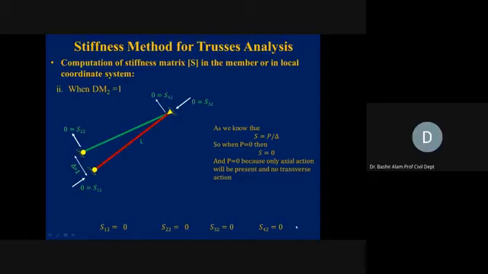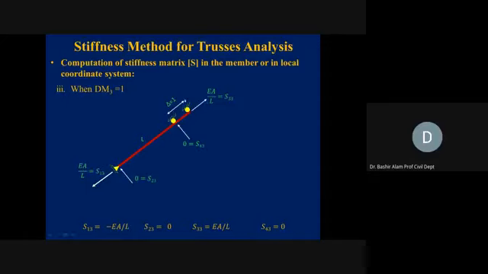Next, along DM3, this was the original and we are stretching it by delta equal to 1. Stretching means tensile force, so we show the tensile force away from the joint.